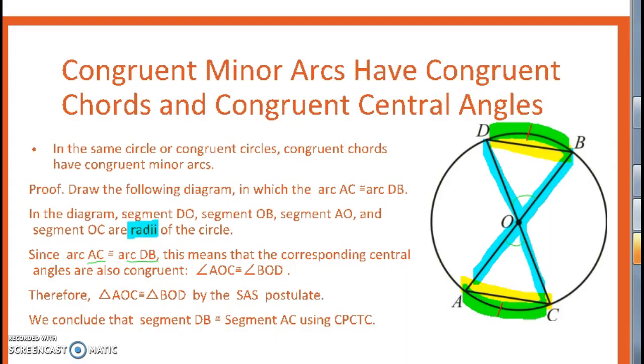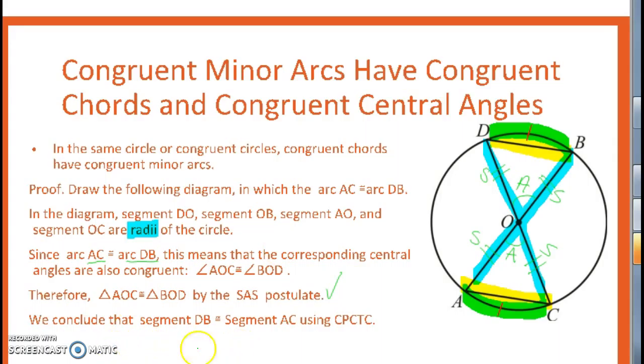Now we can use the idea of these triangles, the top and the bottom, to say that since these are radii, these are congruent to each other. So we have side, angle, side to show that these two triangles are congruent by the side, angle, side postulate.